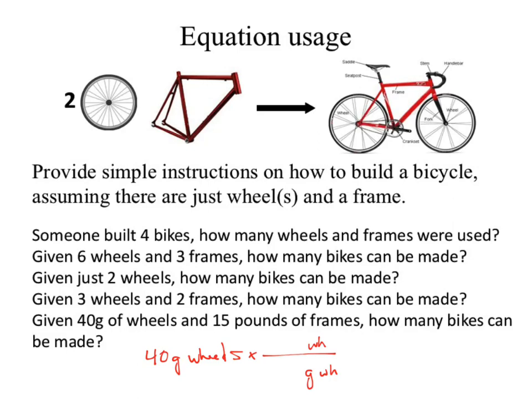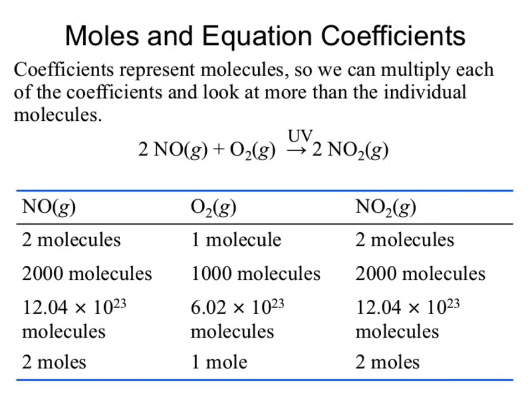Once I have the units of wheels, what can I now do? I can do the next step of the conversion. 1 bike is 2 wheels. That conversion factor is something I need. In chemistry, where do we find that information? That's the periodic table. Okay? Kind of makes sense? Yeah, we'll go ahead and stop there.